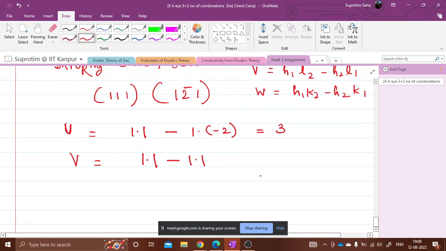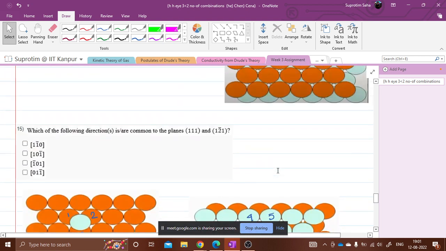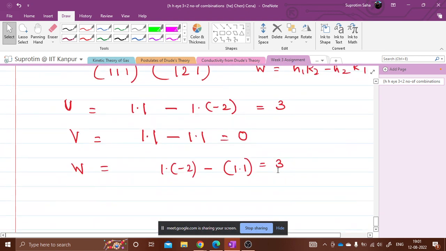Let me just check. Yes, that is 0. And for W, it is 1 into minus 1 minus 1 into 1. Alright, so what you have is 2, 0, 2 bar.